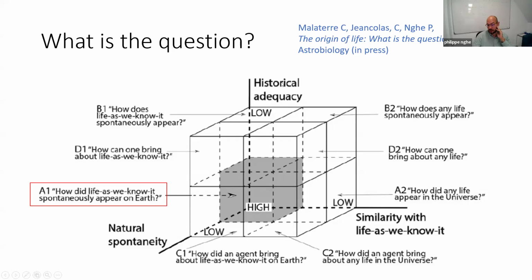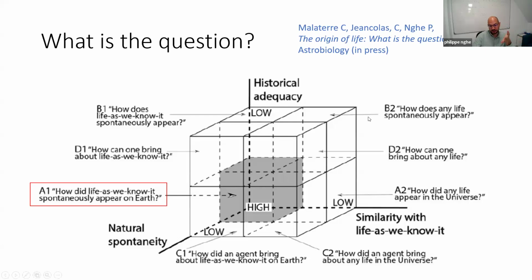Is it historically adequate? Do we look for making life which looks like life as we know it, so similarity with life as we know it? And is the process natural, spontaneous? When we think about the origin of life question, we think about all those criteria together: how did life appear on Earth, and the life that we know?